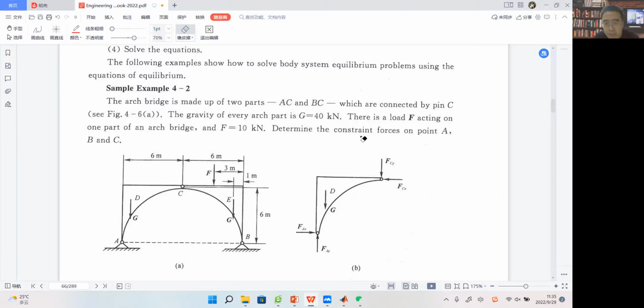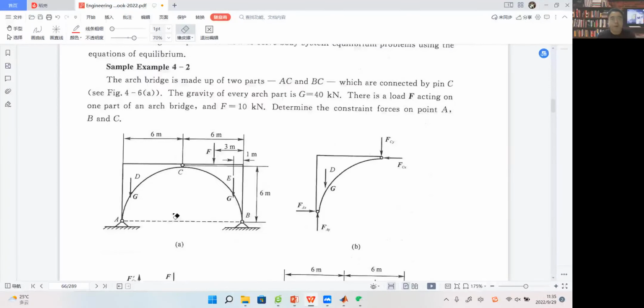It lets us determine the constraint force on points A, B, and C. So actually at A and B, there are two constraints, between arch bridge AC and the frame, and between arch bridge BC and the frame. And another point C is the pin, which connects part AC and part BC, right?